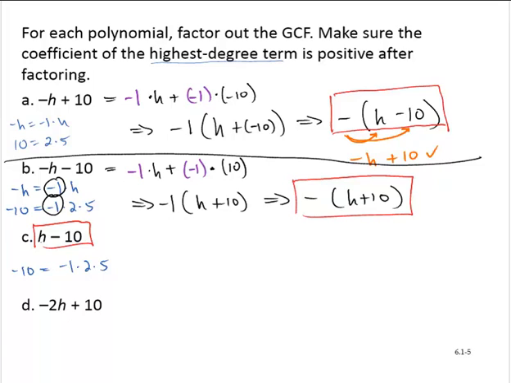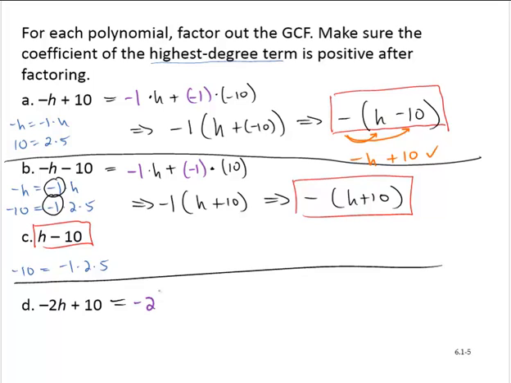In exercise D, we have negative 2h plus 10. So the GCF is 2. But I'm going to purposefully factor out a negative 2. Again, because if we look at the highest degree term, it has that negative, and we want it to be positive after we factor, so I'm going to purposefully factor out the negative 2.